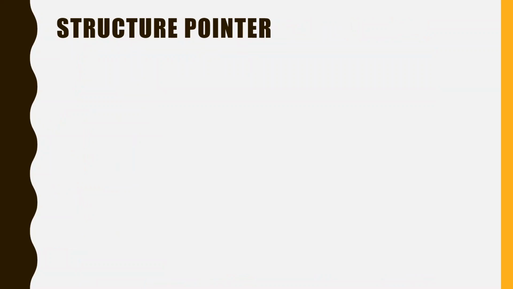Okay, so now we will see how to create a pointer to a structure. We know that if we have an integer a, then we have an integer pointer p. We require a pointer of the same data type for storing the address. So if this is a, it is going to have storage at 1000, suppose, and then it is going to have some value, that is a equals 5.